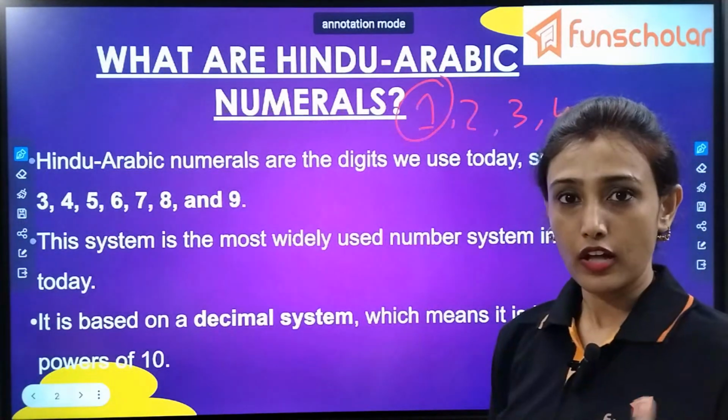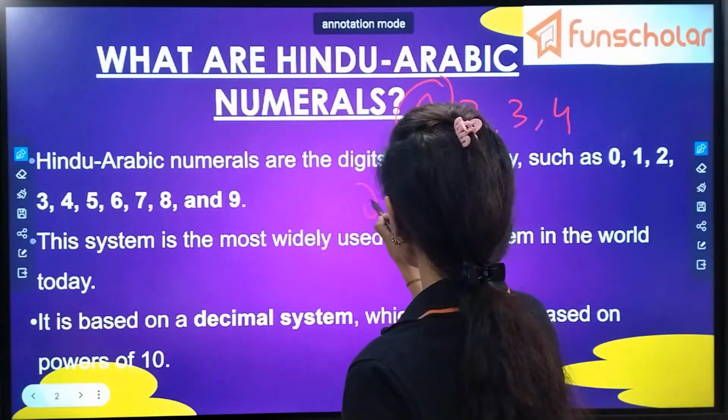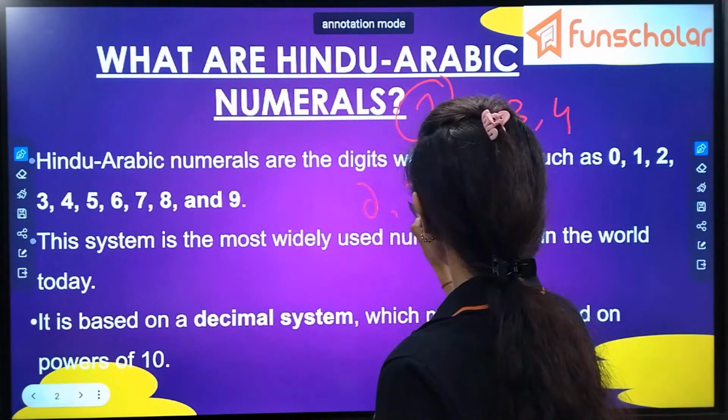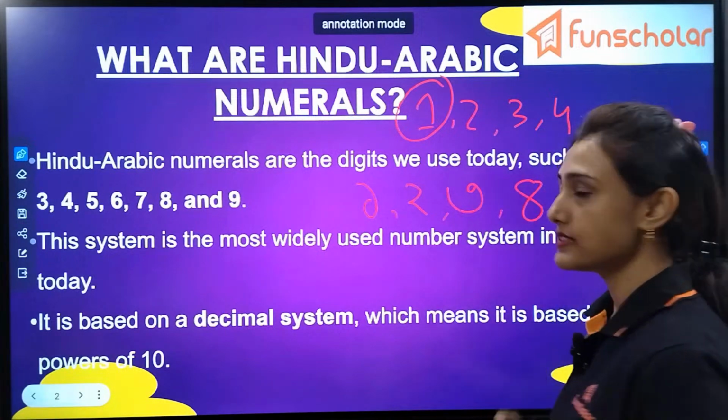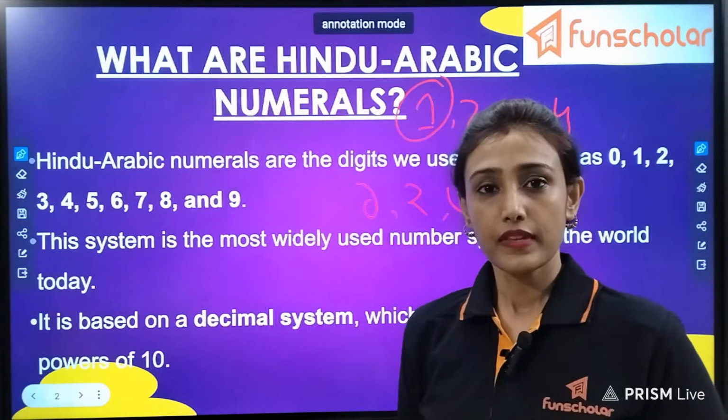Suppose you are Bengali. So you write 1 in this form, 2 in this form, 3 in this form, 4 in this form. Okay.